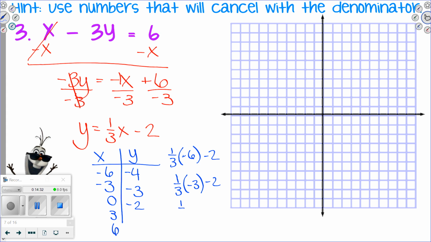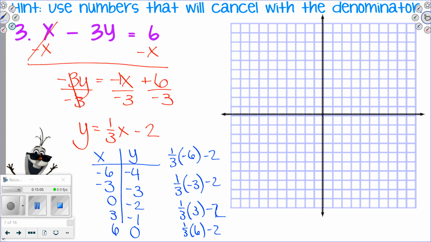If I plug in a 3, oops, and if I plug in a 6, that's 0. Also, did you notice I had a pattern going here? Have you noticed that on all of these? If you have a pattern going for your x's, you should also have a pattern for your y's. That should be consistent.